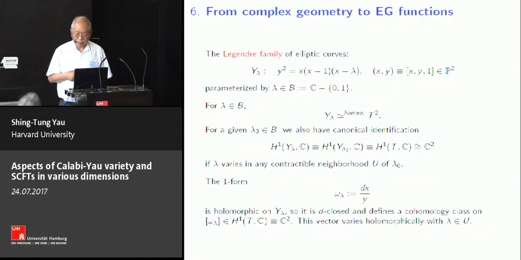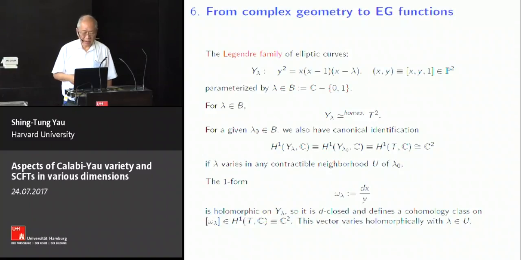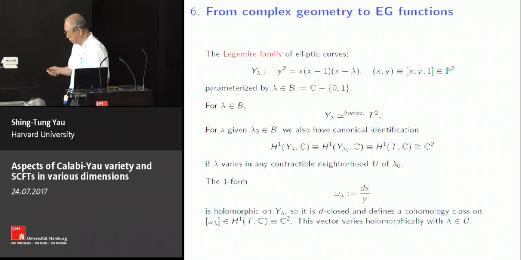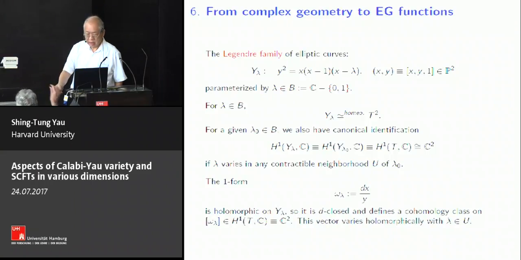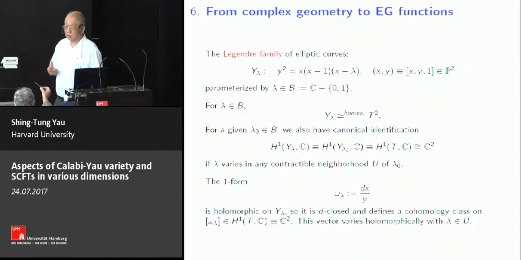And there is a one-form which will be generalized to a holomorphic n-form later. So we are interested in the integral of omega_lambda. It defines a cohomology class in H1 of the torus, in C.